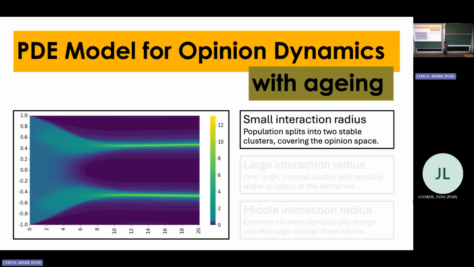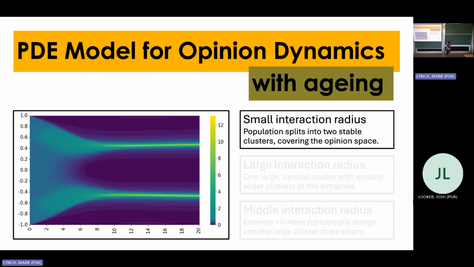What I'm plotting here is at each time point, you have a joint distribution over age and opinion. I'm integrating it over age to give a population level opinion distribution. So this is at a particular time t, the total population opinion distribution, and the color is the density. So we're starting off with it being uniform, and again, it's forming into 2 clusters in broadly the same way that it did before.